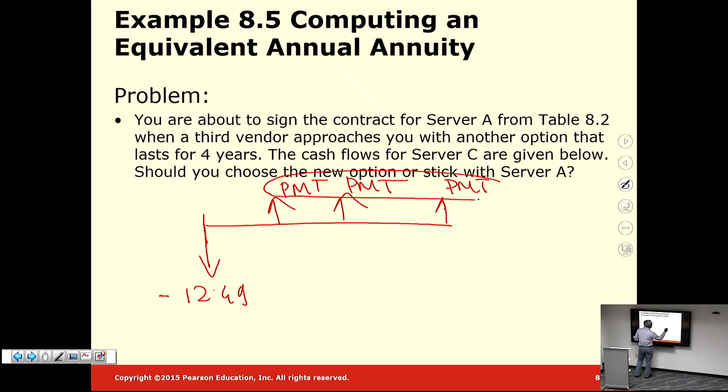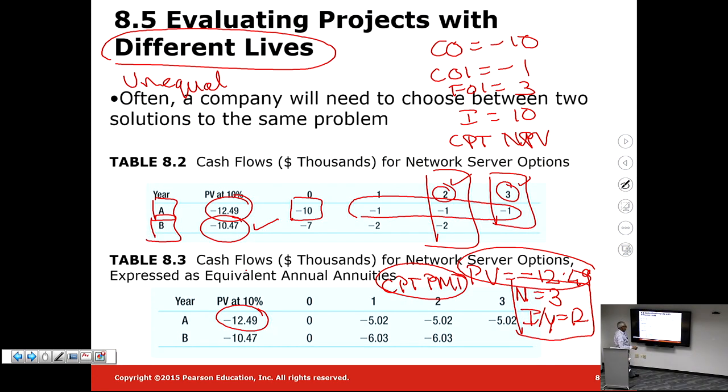What will be the year-to-year annuity that will give me a present value of negative 12.49? So I do that, I enter that, I compute the payment, and I get 5.02. So my expenditure per year, meaning this 12.49 of negative cost today, translates into a per year cost of $5,000 approximately.